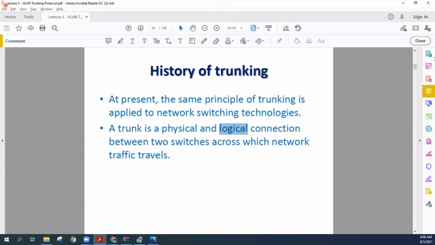Now, if you look at the road, on Galle Road, buses are there, four-wheel vehicles are there, two-wheel vehicles are there.